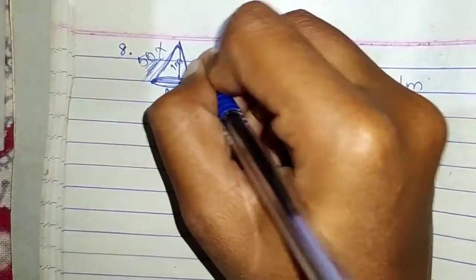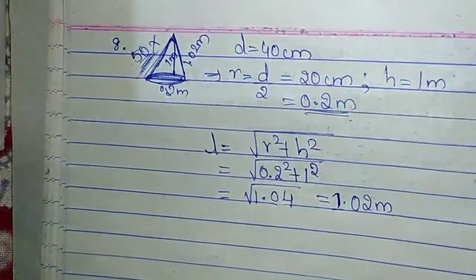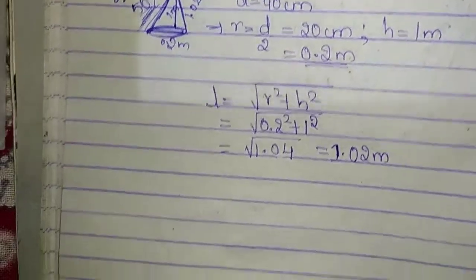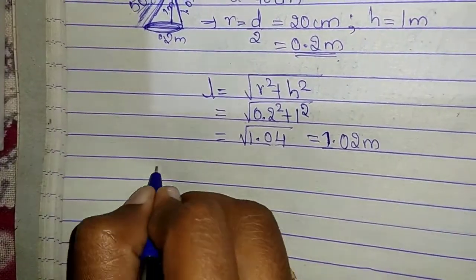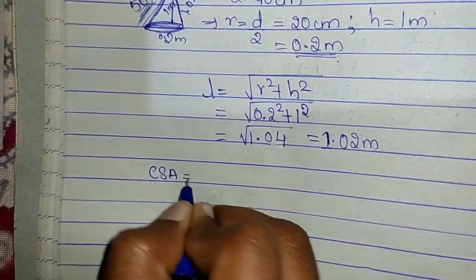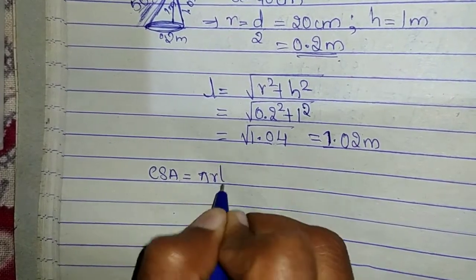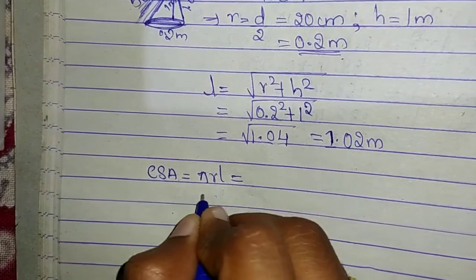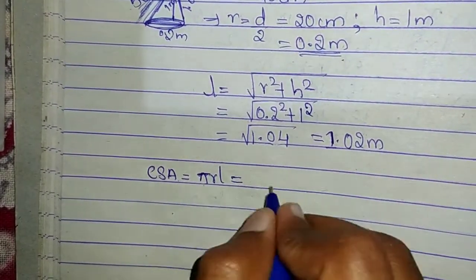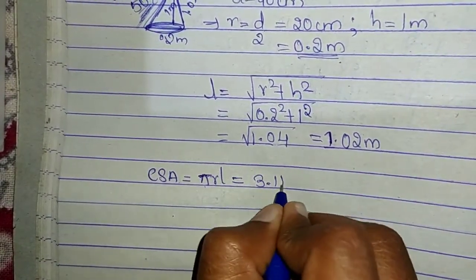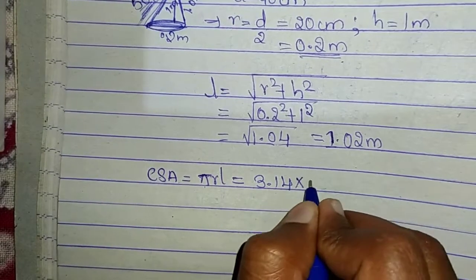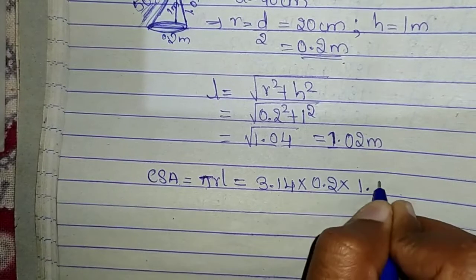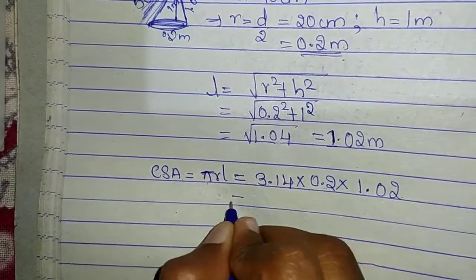So slant height is 1.02 meters. So now to calculate the CSA of the cone, we know that curved surface area CSA is equal to pi RL. It will give the CSA of one cone only. So this will be equal to, they have also told us to take pi to be equal to 3.14 into the radius is 0.2 into the length or the slant height, which is equal to 1.02.